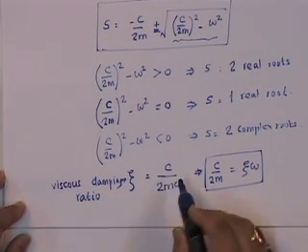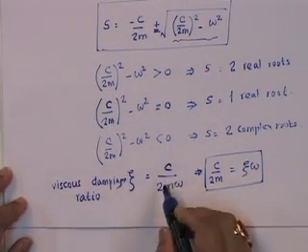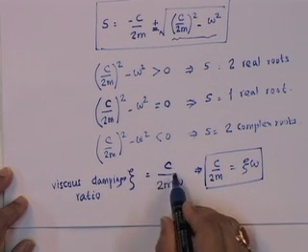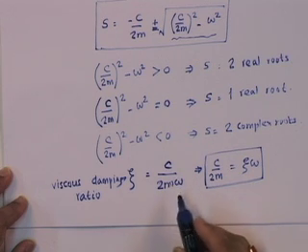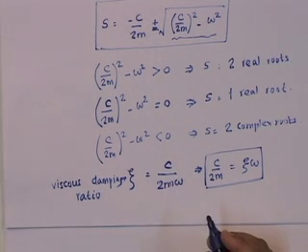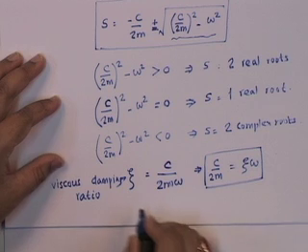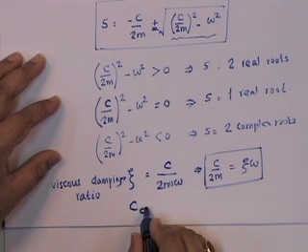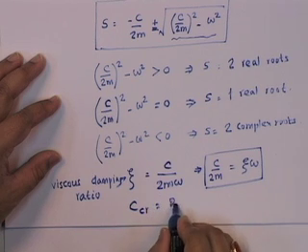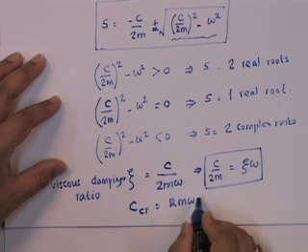And what is it? It is a ratio of the dashpot constant to 2 m omega. So, in other words, we call C critical as 2 m omega.